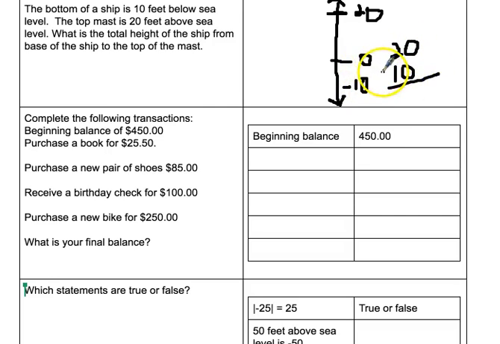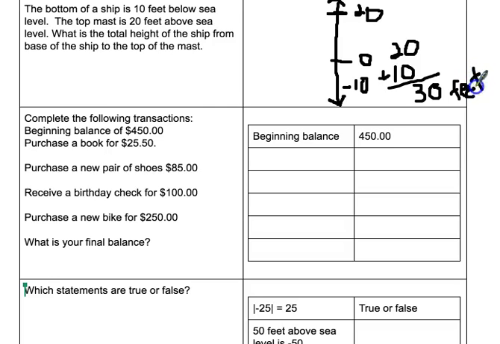Altogether, I am going a total of 30 spaces. So what is the total height of the ship from the base to the top? It is 30 feet. Okay, this tells me it's 10 feet below and 20 feet above. So the unit that we're measuring in is feet.